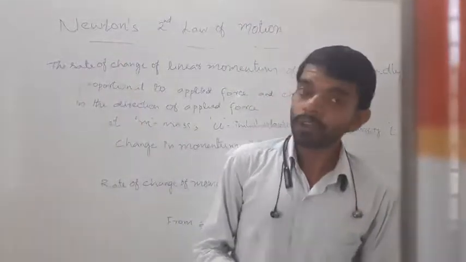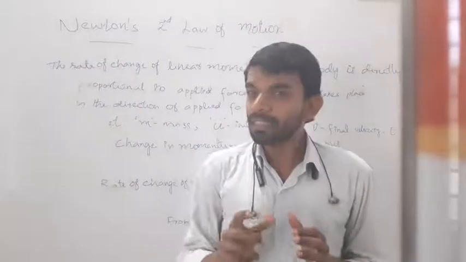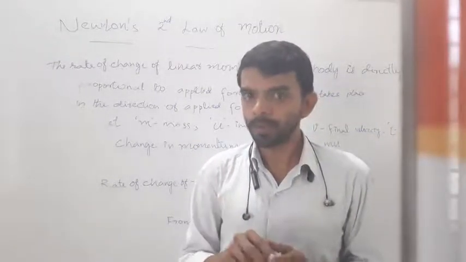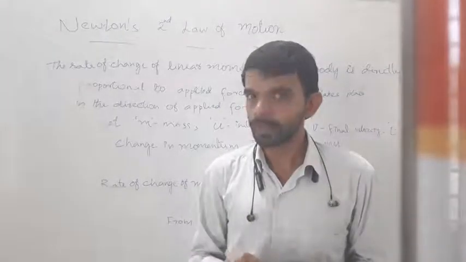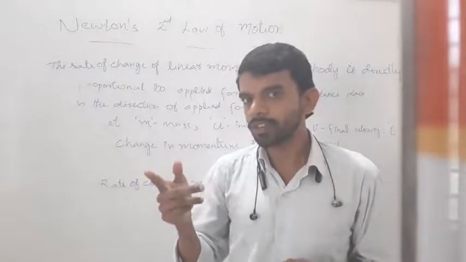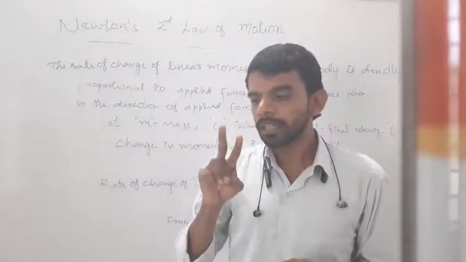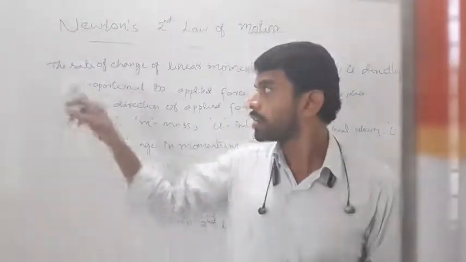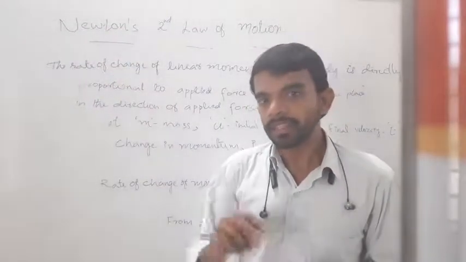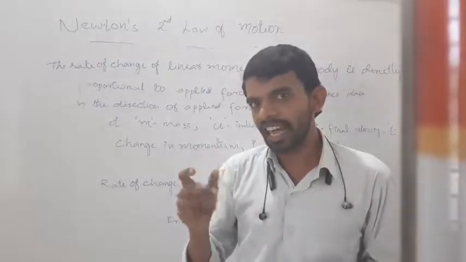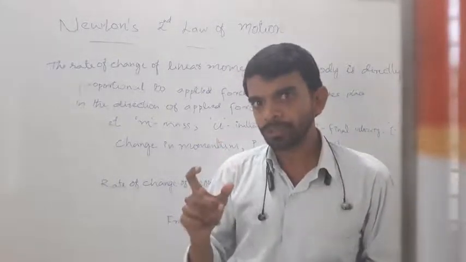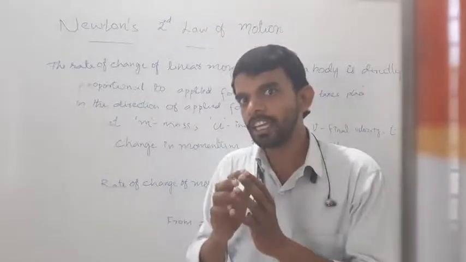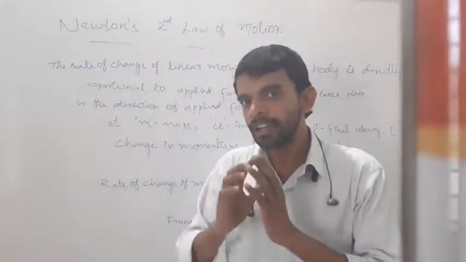Now, the second law gives the exact measurement of the applied force as well as the direction of the force. Since force is a vector quantity, it has magnitude as well as direction. Both are defined in the second law, so the external force is fully stated.